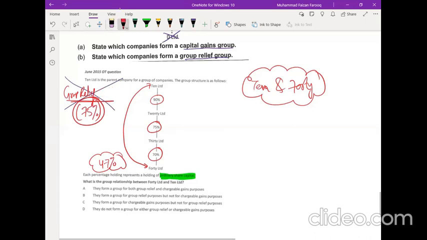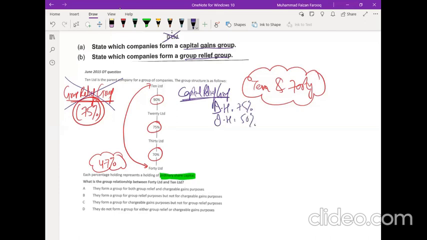Now I will check with another color, the capital gains group. Direct holding is 75 and indirect holding percentage is 50. Here you just told me we have 47.25. So here also no capital gains group exists.